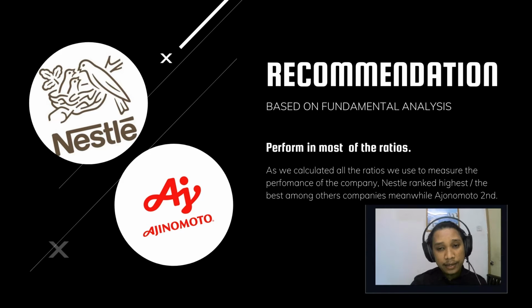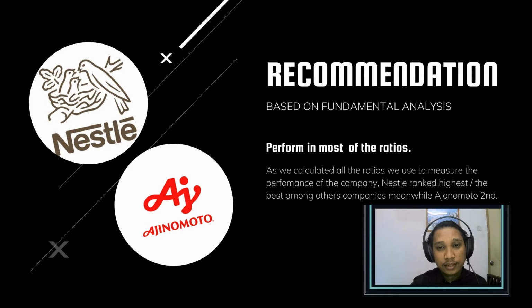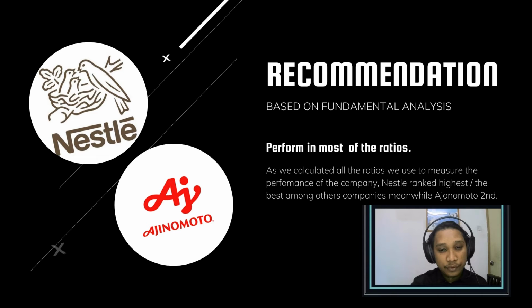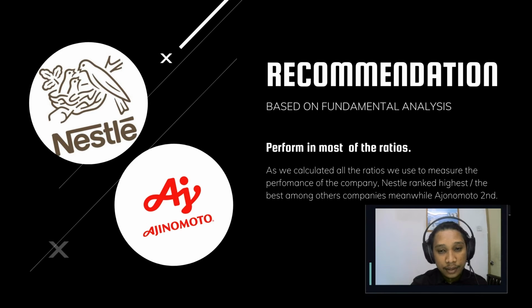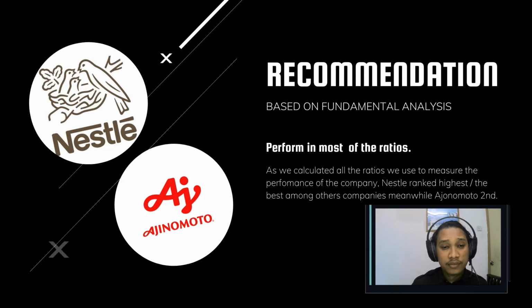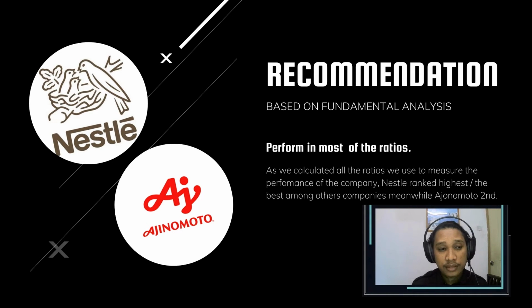We recommend Ajinomoto as the alternative to Nestle. It is because Ajinomoto is the closest rival to Nestle, which has a close value in most of the ratios and ranked second for almost all the ratios, which has the potential to be invested. So that's all. Thank you.